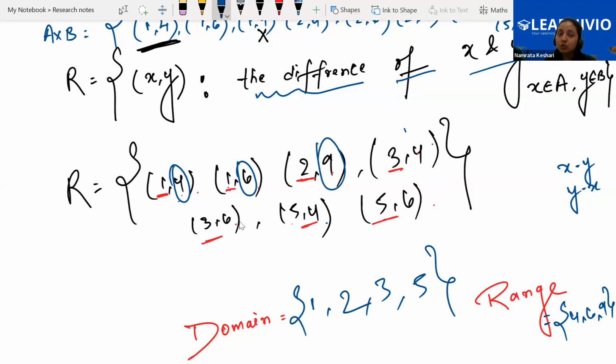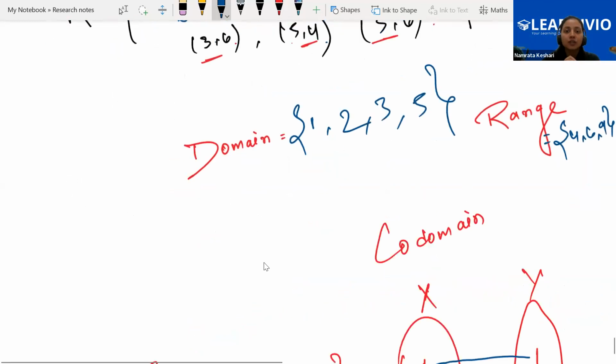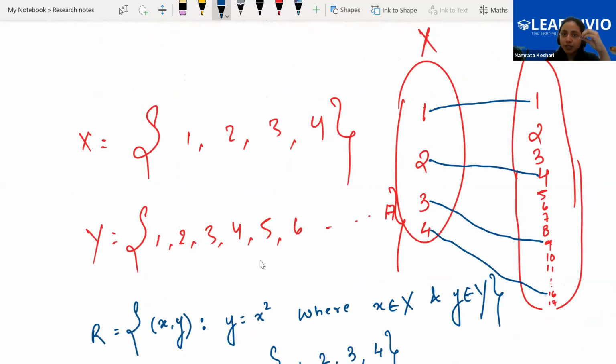Or we can also call it all the inputs. In our second one, when we are giving the input 1, the output we are getting is 1. When we are giving input 2, the output we are getting is 4.